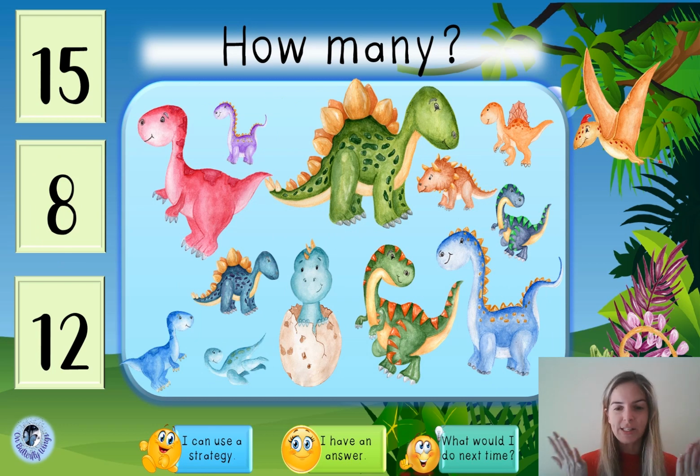How many? So we've got 15, 8, and 12 to choose from. So pause the video and give yourself a chance to count how many dinosaurs there are, and then you can press play and we can count them together. Okay, let's have a look. And now remember, my strategy for counting is I like to cross them off as I go so that I can keep track.